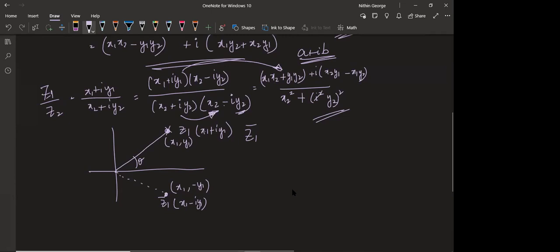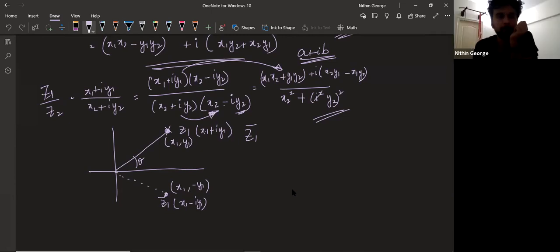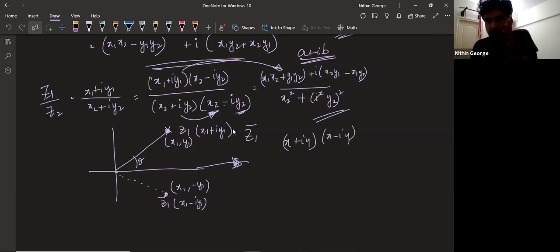Now let's continue then. So this is how the conjugate is. Now when you multiply, you get a number on the real line. And it comes out to this form also, by the way. So you have x plus iy as a number and x minus iy as its conjugate. When you multiply both, you get x square plus y square. Now, if this is the point x1 comma y1, what is the distance from this?